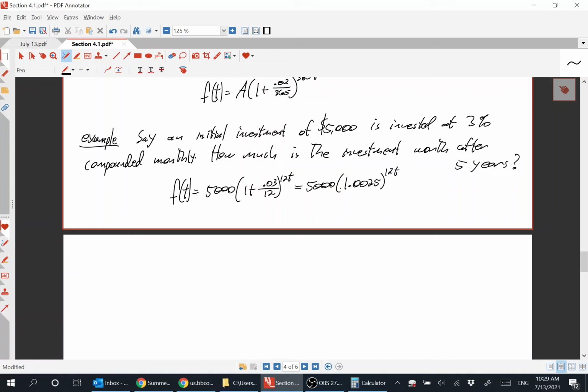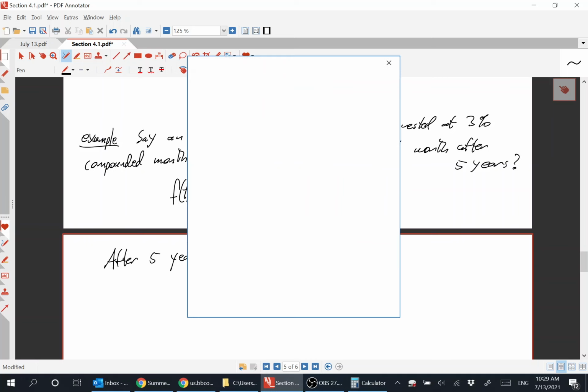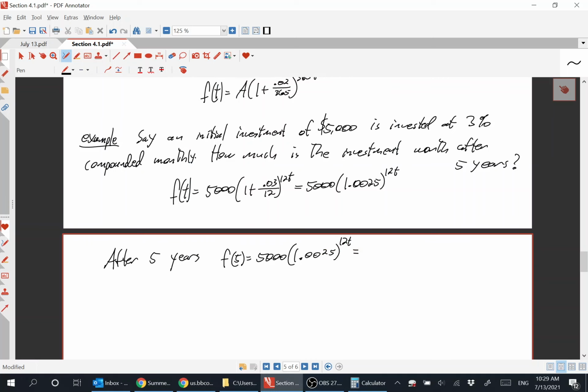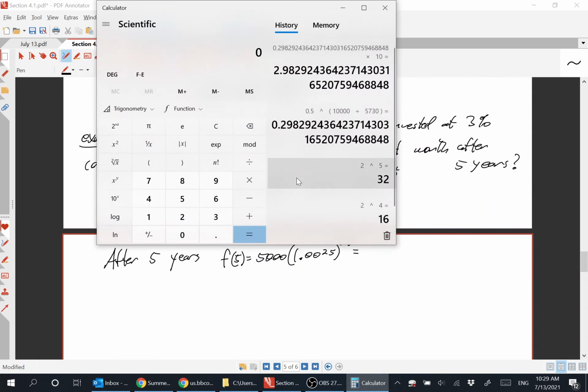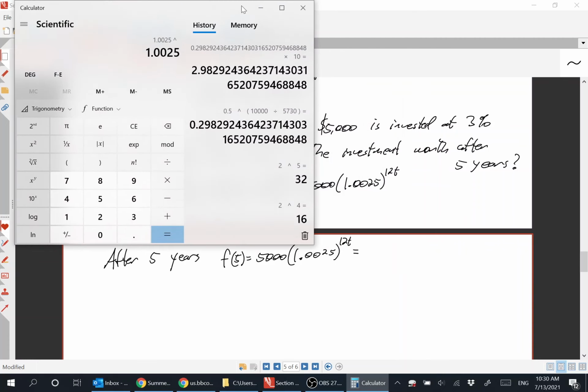So how much is that worth after 5 years? We have f of 5 equal to 5,000 times 1.0025 to the 12t. Let's look at this on the calculator. 1.0025, and here's the exponent button, to the 12t.